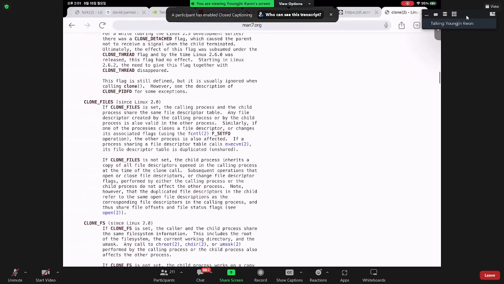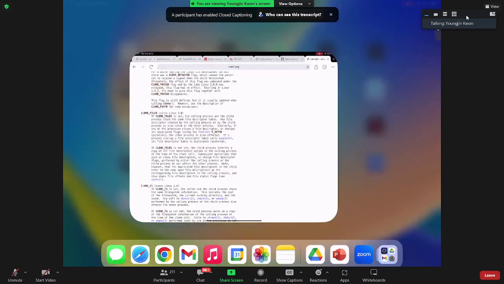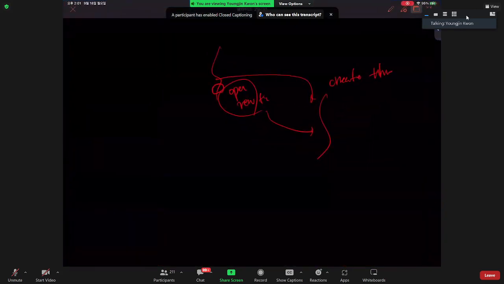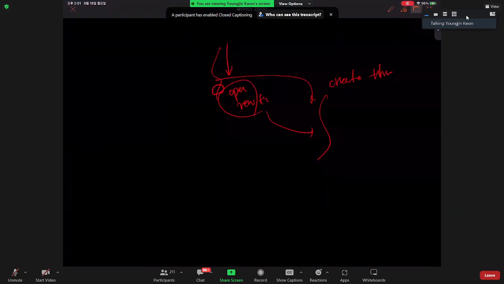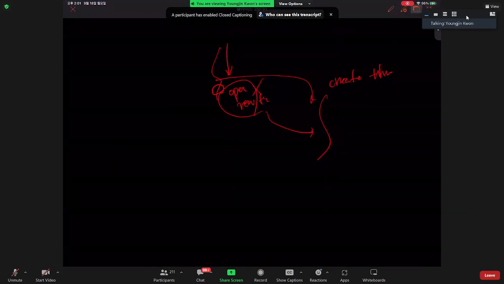If clone file is set, then when a process opens a file, the other thread can see it. But if it's not set, no. Only the file descriptors from before calling the process/thread create are shared. So if it's not set, only the file descriptors so far are shared, and the rest are not shared across different threads.